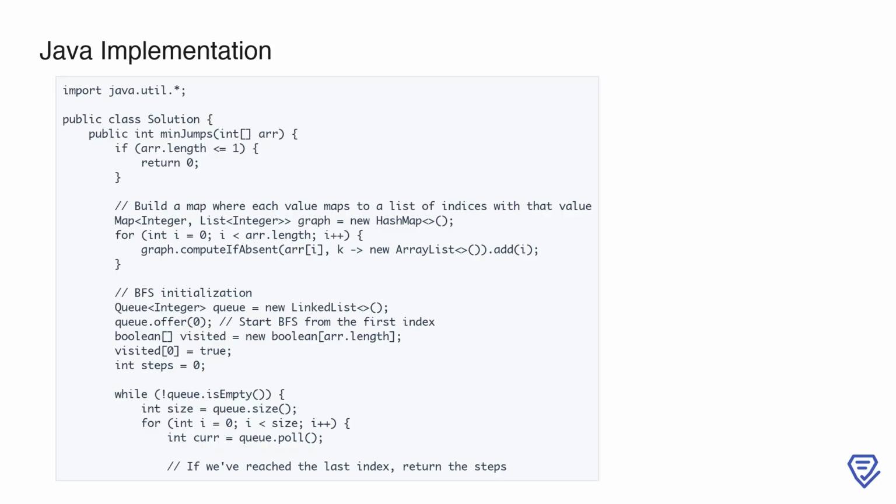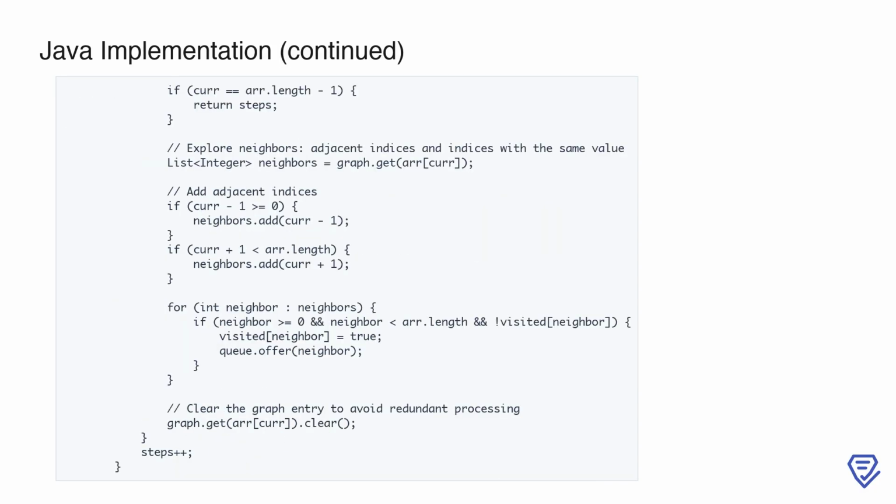After building the graph, we initialize a breadth-first search, or BFS, starting from the first index. A queue is used to manage the BFS, and we mark the first index as visited to avoid revisiting it. We also initialize a variable steps to track the number of jumps. The while loop continues as long as there are indices to process in the queue. Inside the loop, we process each index at the current BFS level.